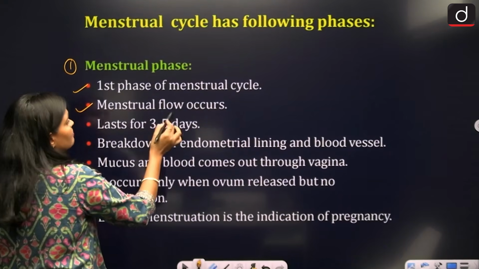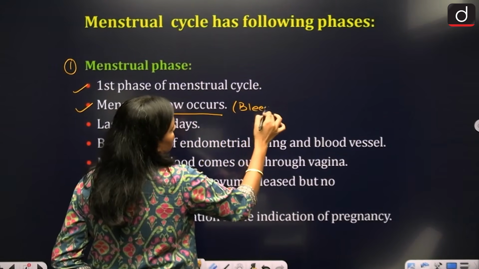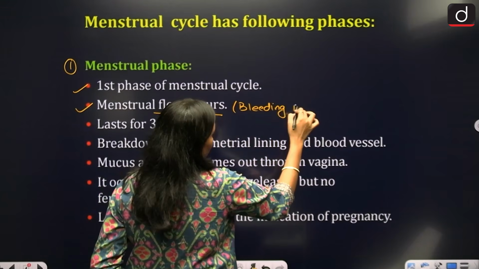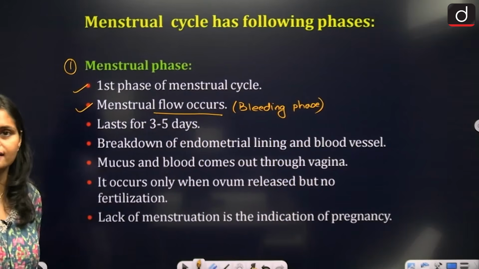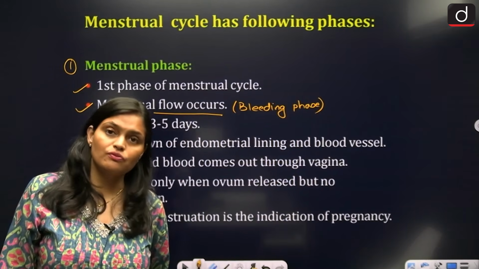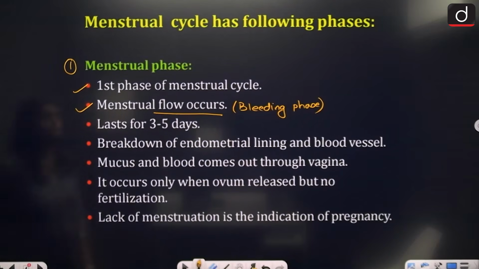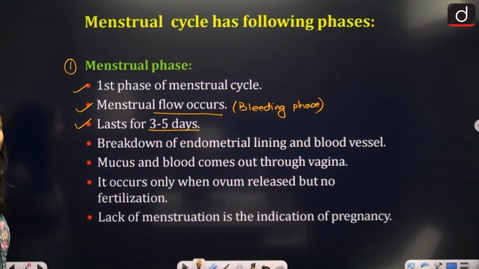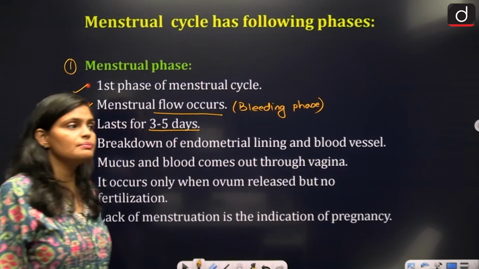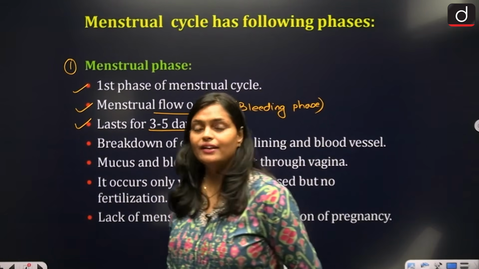In this phase, the menstrual flow occurs, or you can say it is a bleeding phase, which lasts for 3 to 5 days.